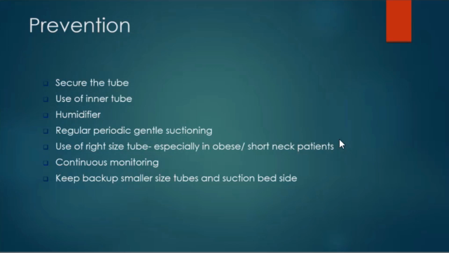There are several tubes with adjustable flange length, which help in keeping the right tube length inside the tracheal lumen. And continuous monitoring. And last, keep backup smaller size tubes and suction at the bedside always in case of tracheostomy tube patients, which will reduce the time in case of emergencies.